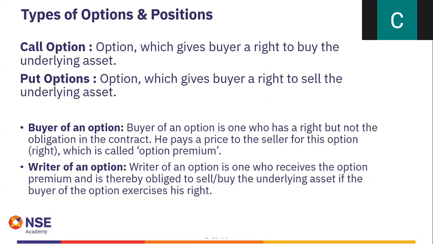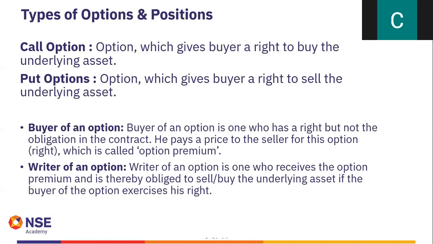How? Simply because I will be buying at 900 from the market and I will be selling it to him at 1,000 rupees each. Straight away, a profit of 100 into 100 quantity, 10,000 will be my profit. So in simple terms, call option, right to buy; put option, right to sell. That is the only difference.